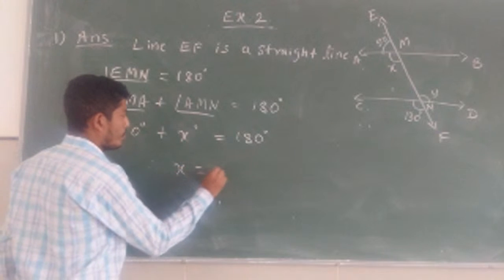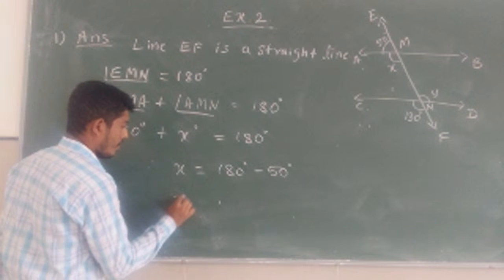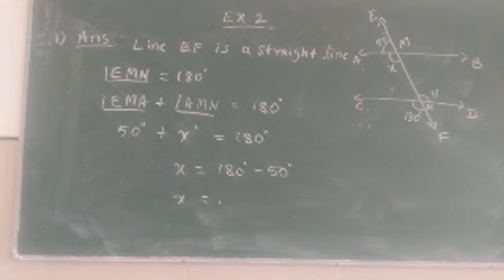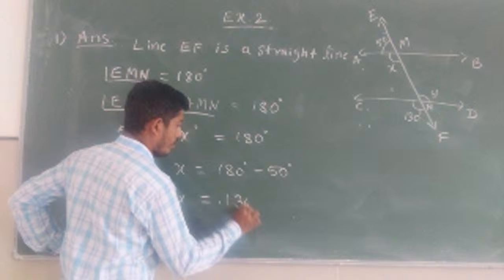Therefore, x equals 180 degrees minus 50. Comment with the answer first. Angle x equals 180 degrees minus 50 degrees, which equals 130.